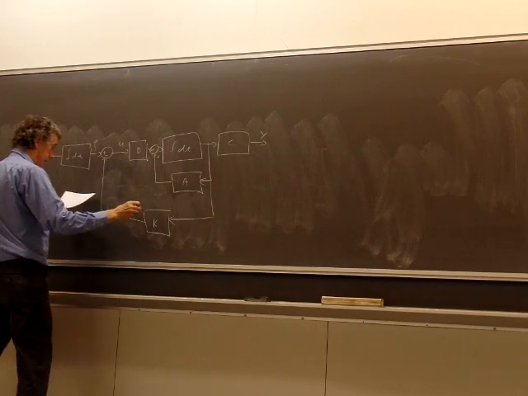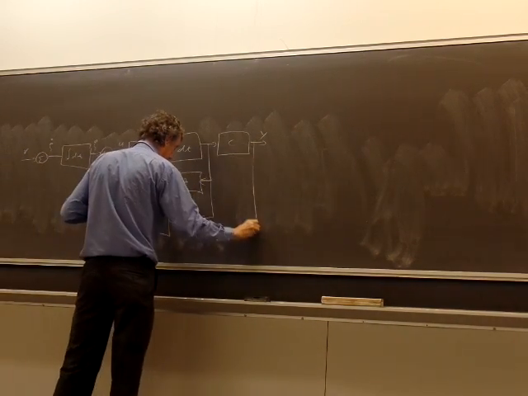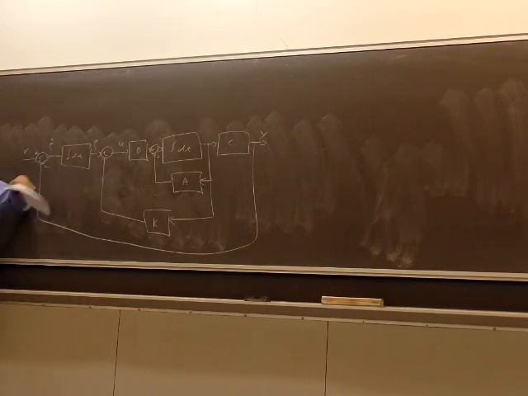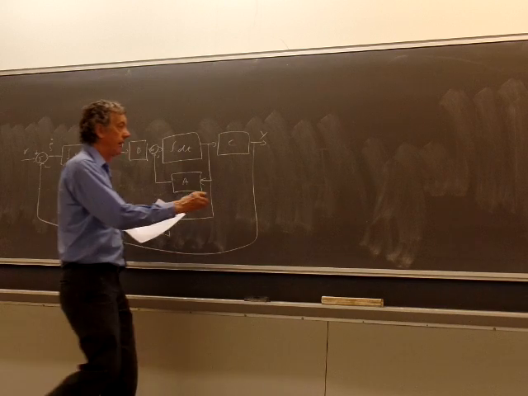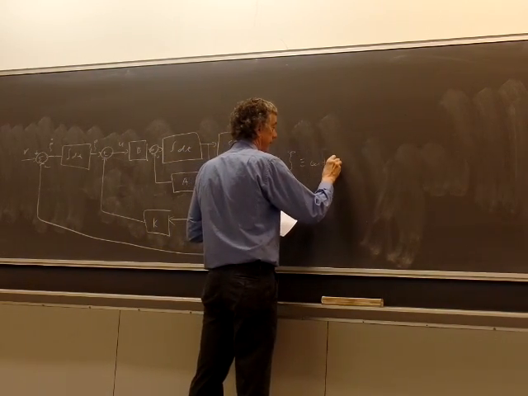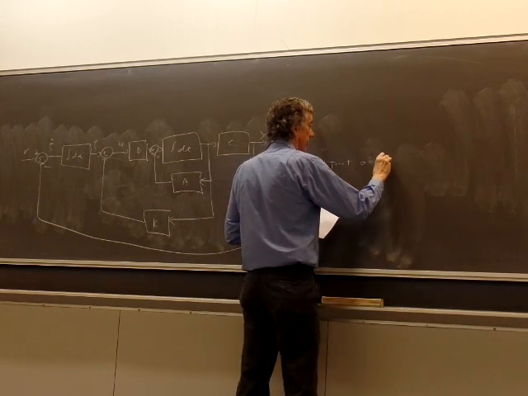R, and we're going to compare that to where the output is. I'm going to take an error signal and integrate. So this zeta is the output of the integrator.